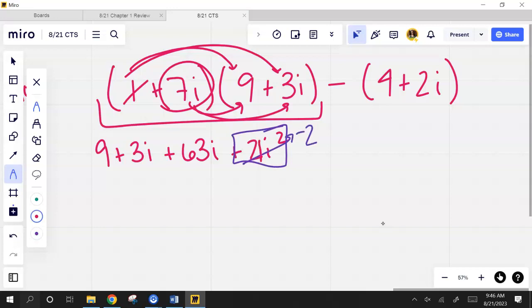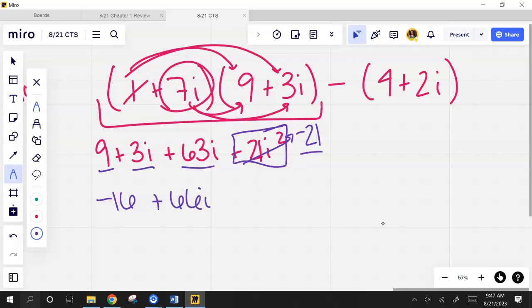I left the 1 off. Negative 21, right? Because I got to change the sign because of the I squared, right? All right. Now, whole numbers, I have a 9 and a negative 21. Yes? 3i and 63i.